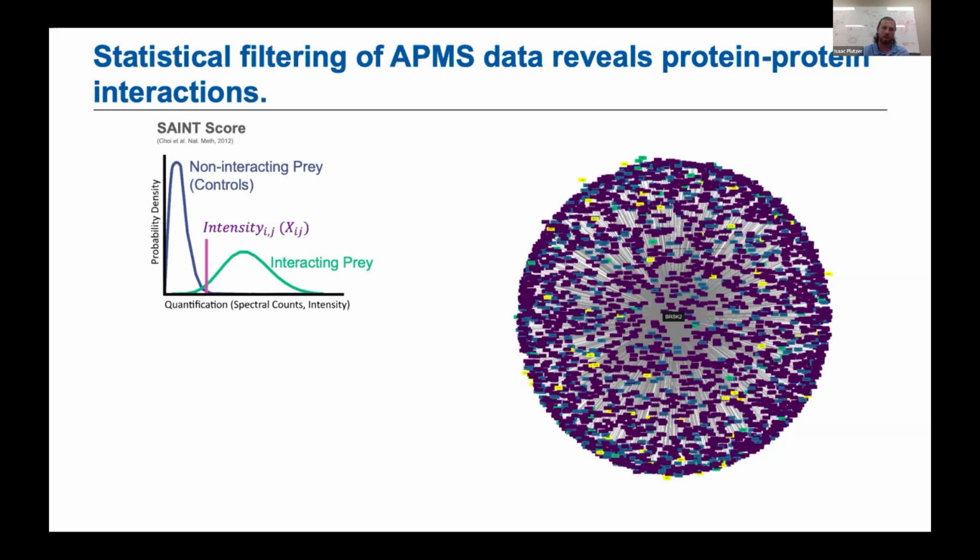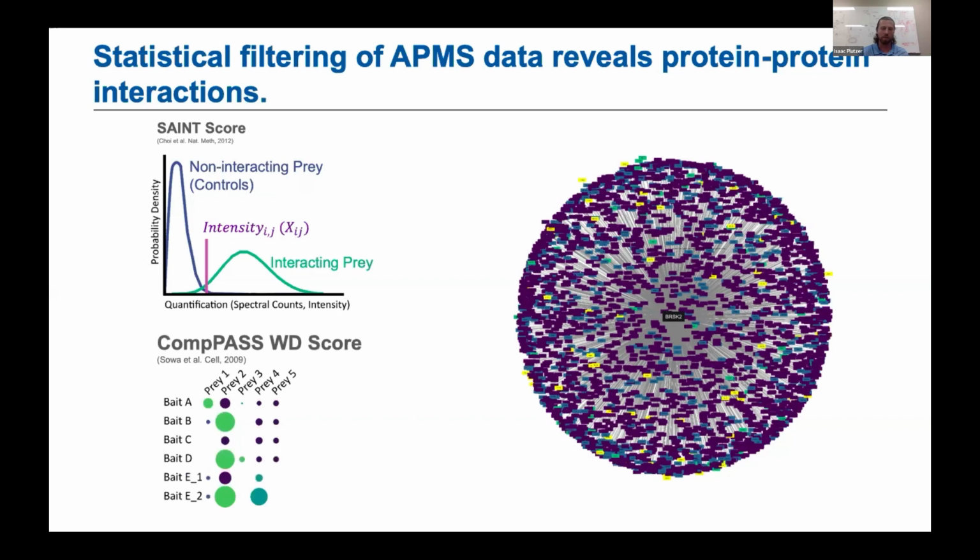The first that I'll talk about is the SAINT score, which you can think of as a direct comparison to negative controls. And then another score that I've been using is the COMPASS WD score, which is a comparison to the rest of the data and gives a boost to proteins that uniquely interact with one or a handful of kinases.